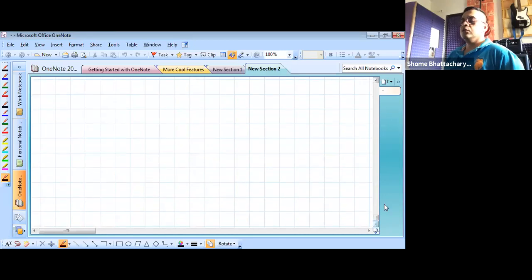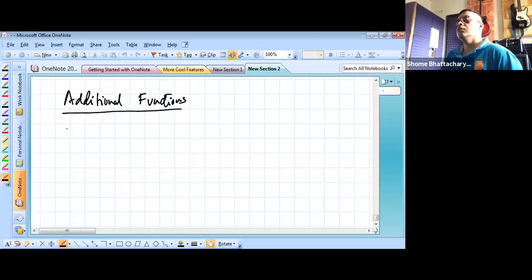Now there are some more functions which are combinations of these. So additional functions, they are the NOR function. They can be understood as not OR. So this one's truth table becomes like this.